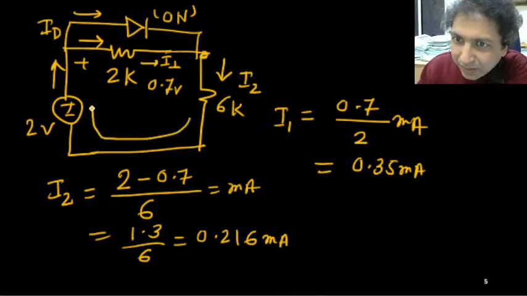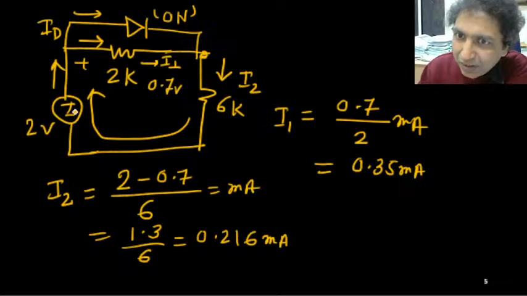This current is coming here. So this 2 volt supply will supply the I2 current; the total loop current is I2 only, and I2 is 0.216 milliampere, and this side current is 0.35 milliampere.